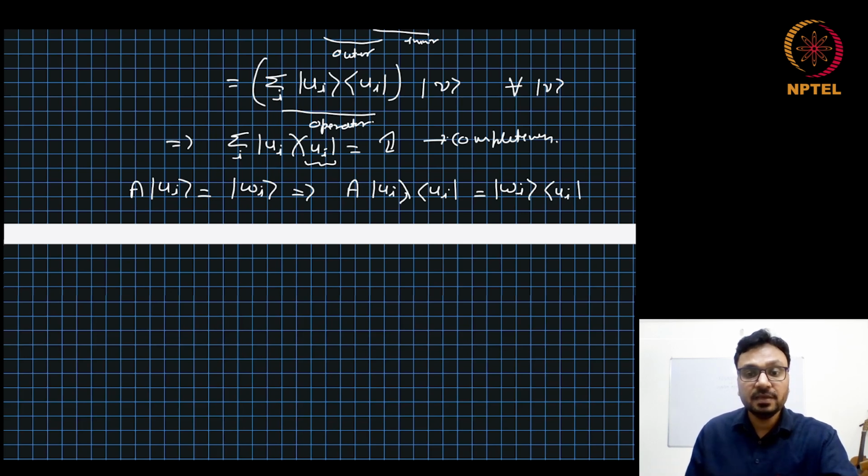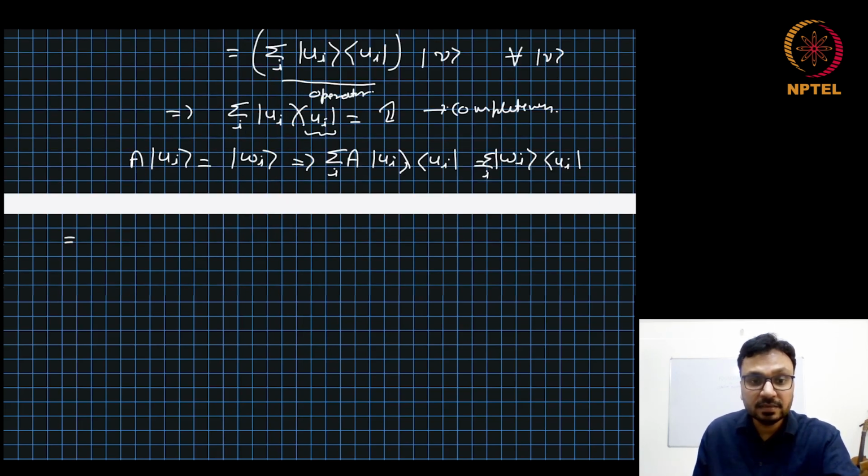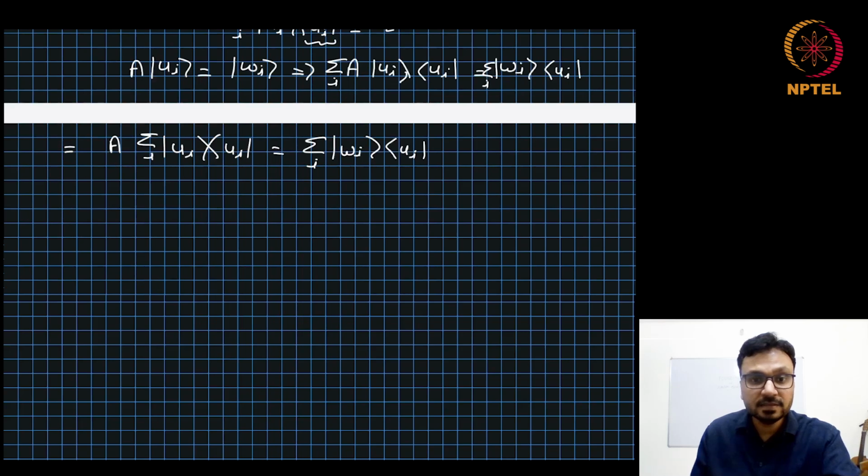This is what we get. Now we can take the sum over i, and we can write it as A acting on the sum over i of Ui bra Ui equals the sum over i of Wi bra Ui. I'm just writing it in short form as this big cross.